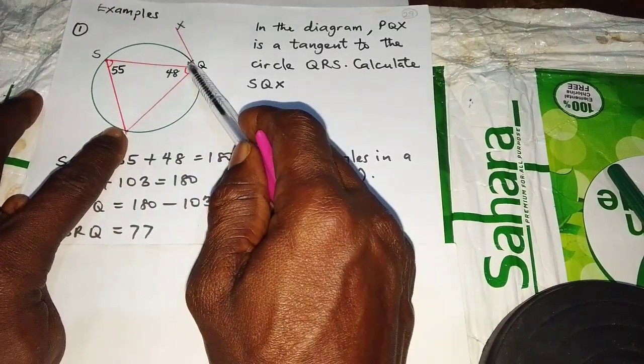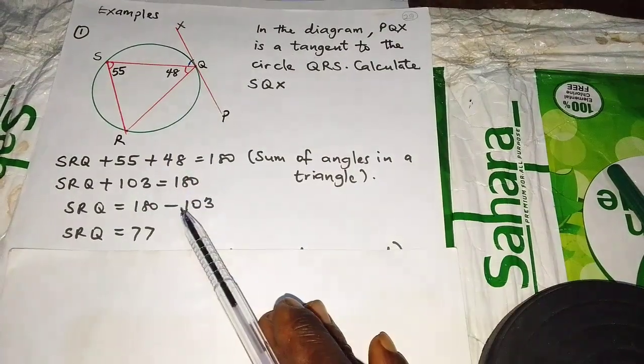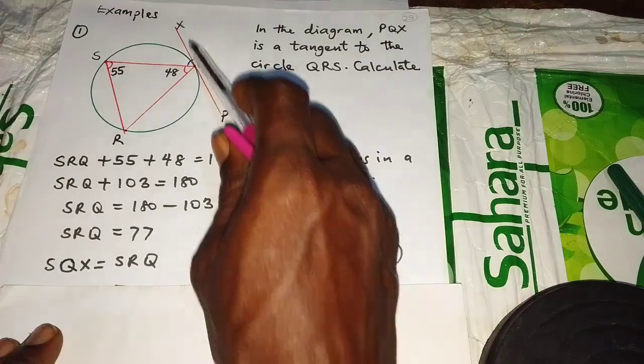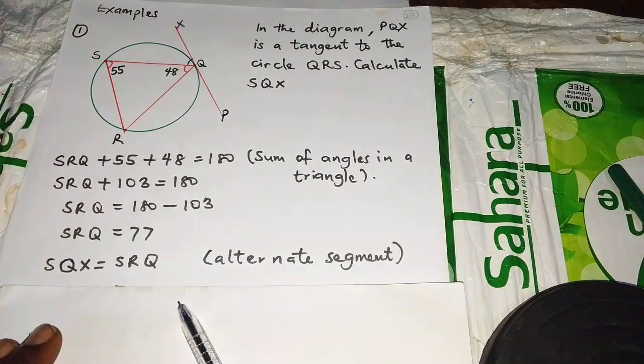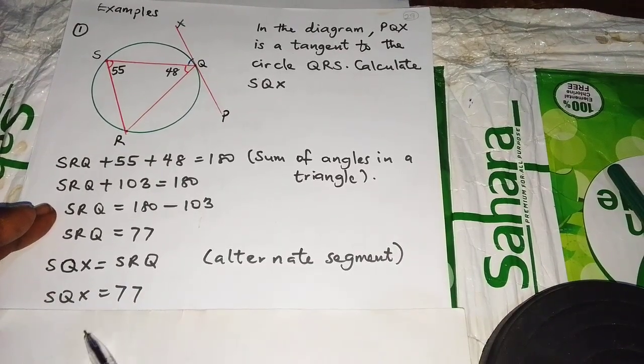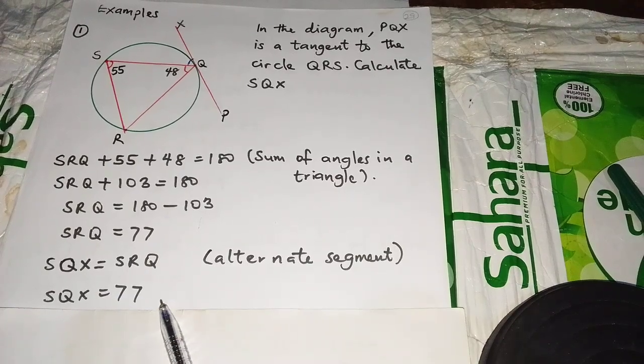So this angle and this angle are equal. That means angle SRQ should be equal to angle SQX, the angle we are told to look for. Why? They are alternate segments. You must always give your reason. So therefore your angle SQX is 77 degrees.